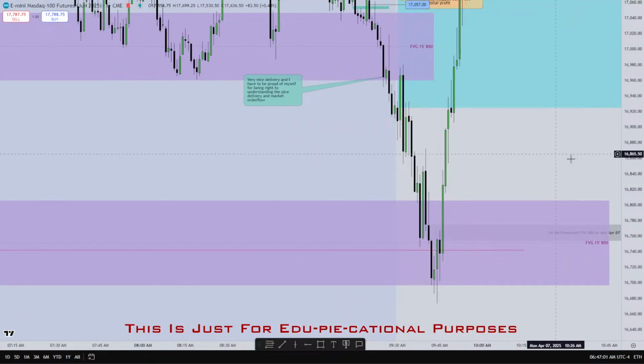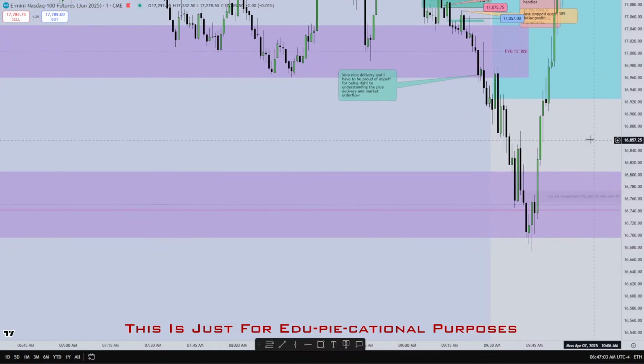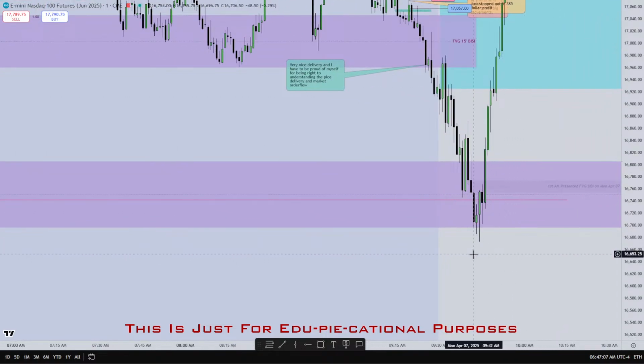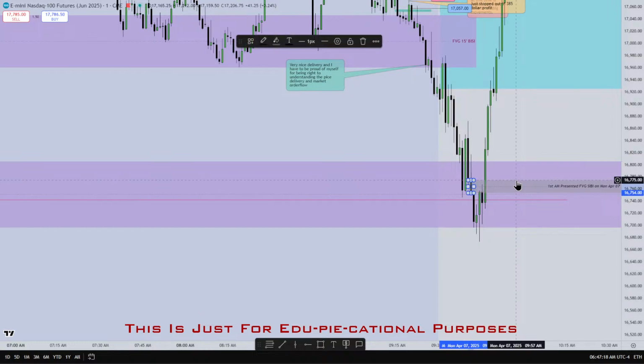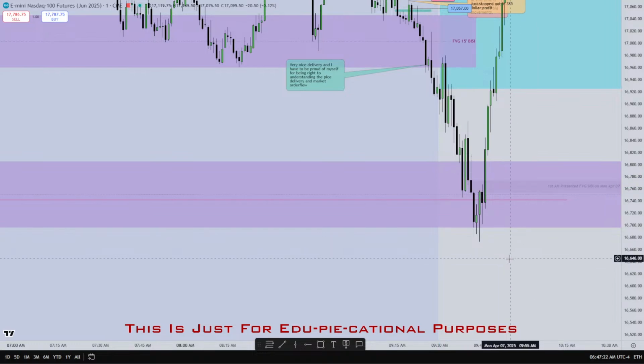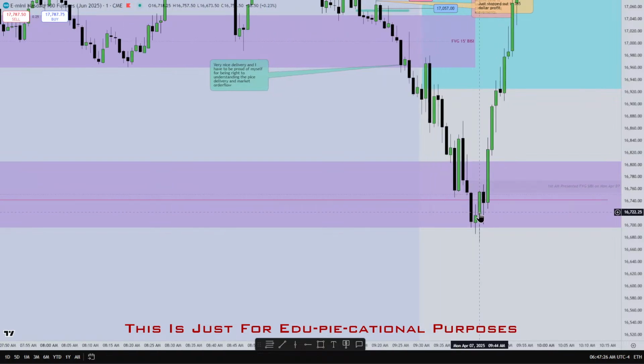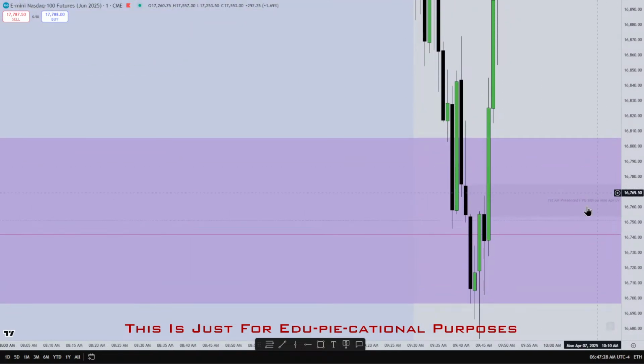Then later on today we had a very nice move going lower, and we didn't have the first fair value gap until 9:41. At 9:41 we have this fair value gap, which is a CB formed, and as you can see, we had the chance of entering for going short in these two candles.